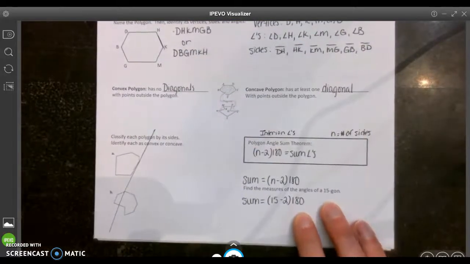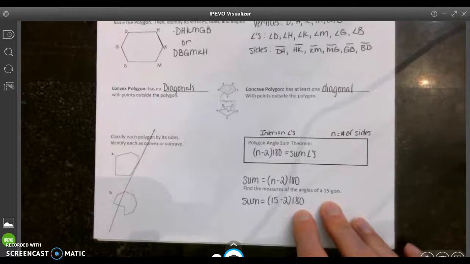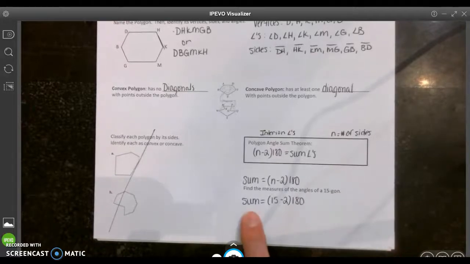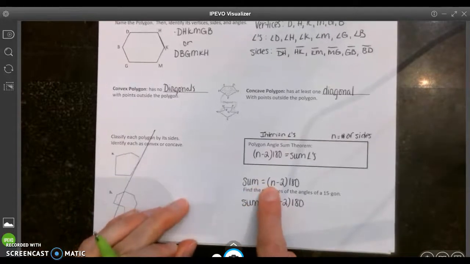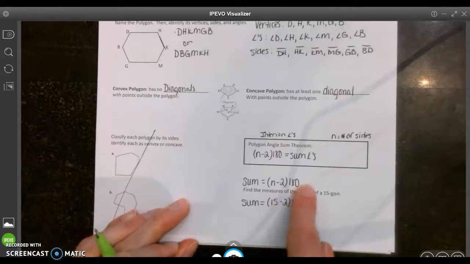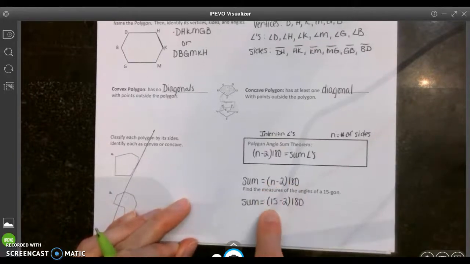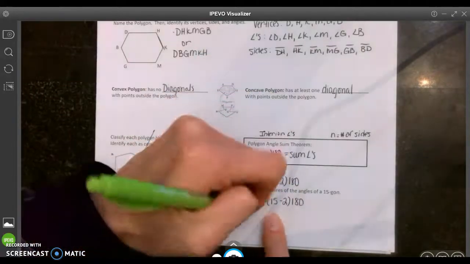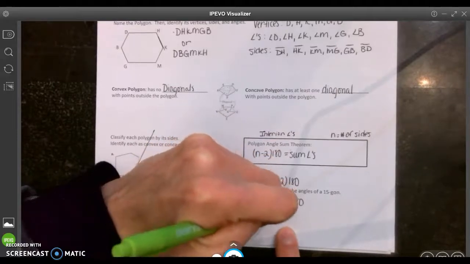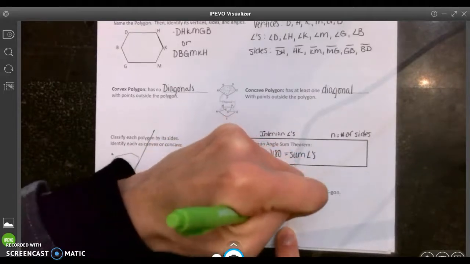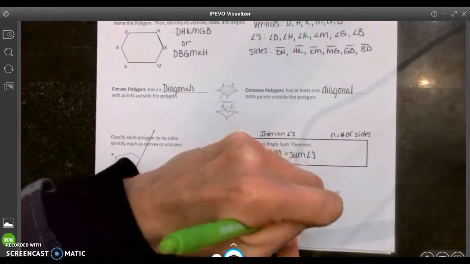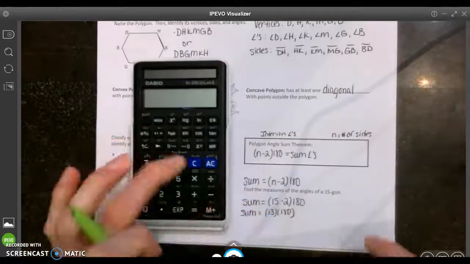So if we look down at this example, find the measure of the angles of a 15-gon. Well, I want the sum of the measure of the angles. So I'm going to set that equal to the formula n minus 2 times 180. N is the number of sides, so I plug in 15 for n. So then to do this, I'm going to take 15 minus 2, which is 13, times 180.